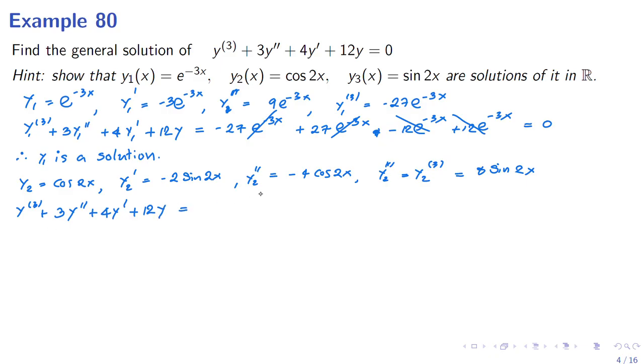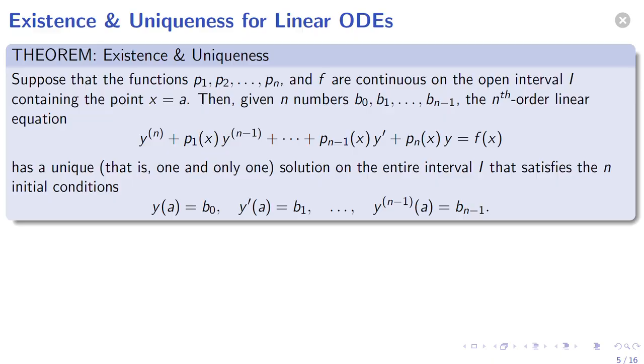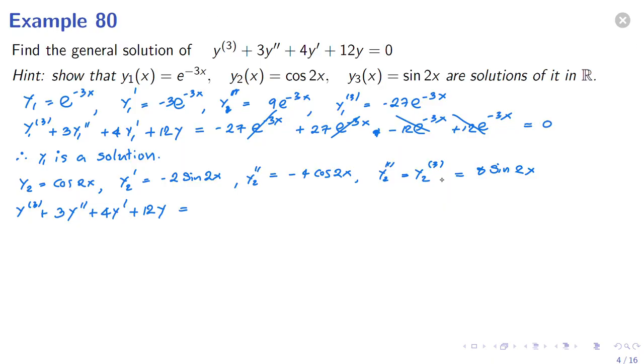So that will be the third derivative, 8 sine of 2x, plus 3 times the second derivative, 3 times minus 4 cosine 2x, and then the third term is 4 times minus 2 sine 2x, and the last term is 12 times cosine 2x.